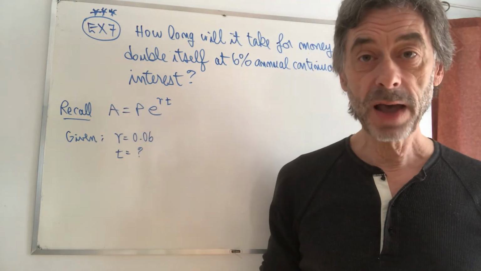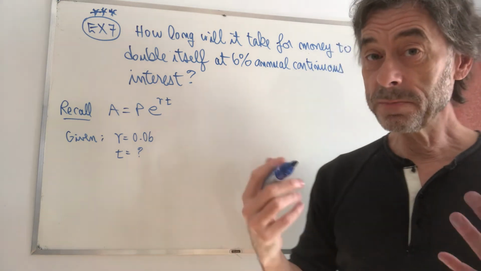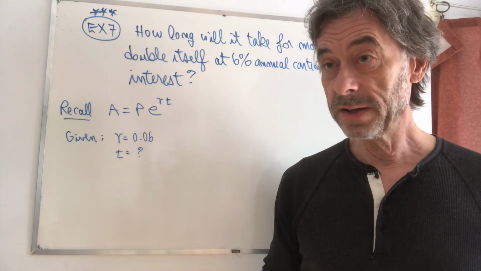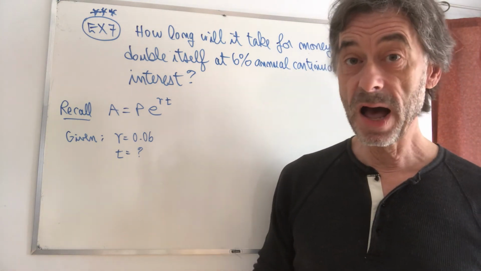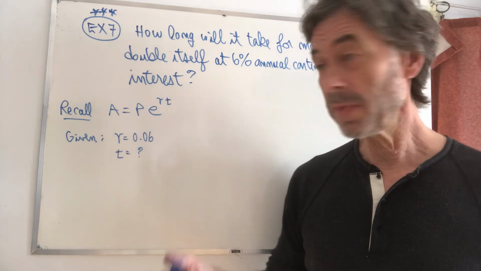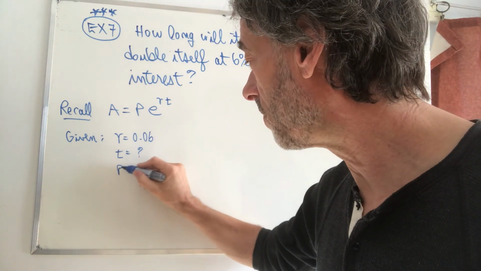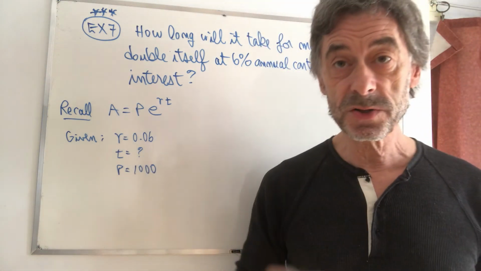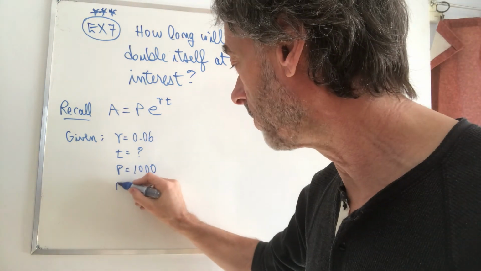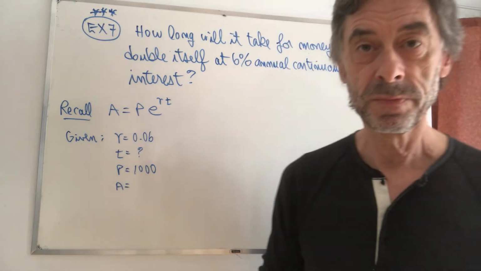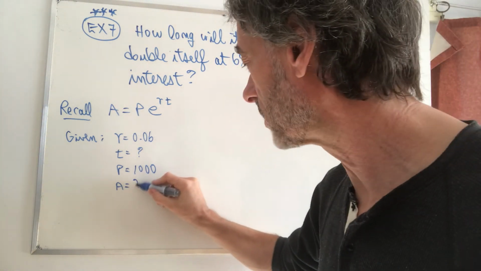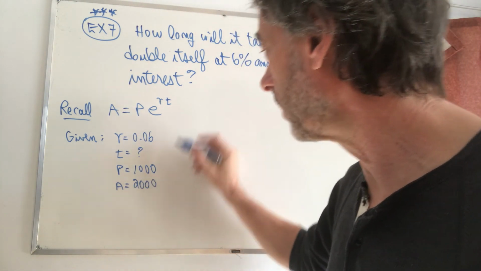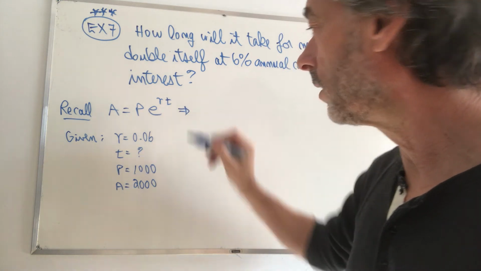I don't have A, I don't have P. But I know that money has to double itself, right? So maybe I can make up numbers such that money has doubled itself. Say P is $1,000. For $1,000 to double itself, it will actually become how much? 2,000, obviously.